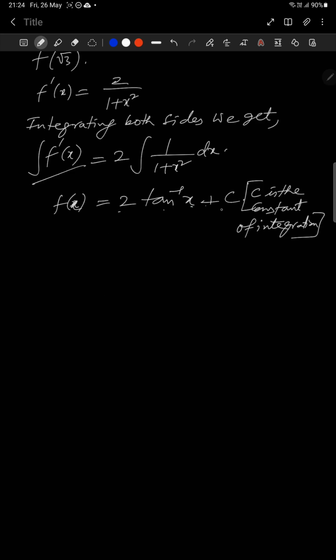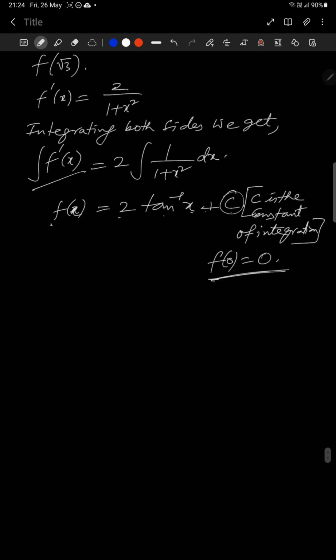Now we are left to find out the value of this constant c, and try to recall earlier we have got the value of f(0) as 0. Somewhere in the beginning we have calculated f(0) is equal to 0.